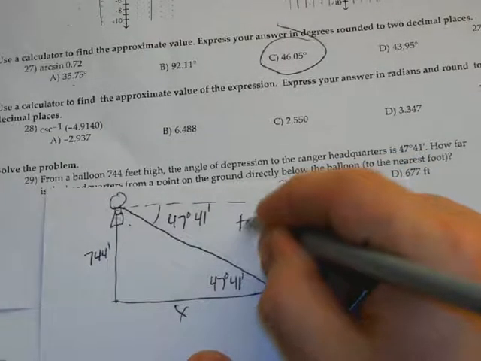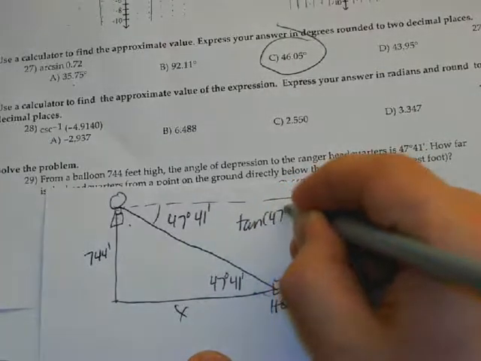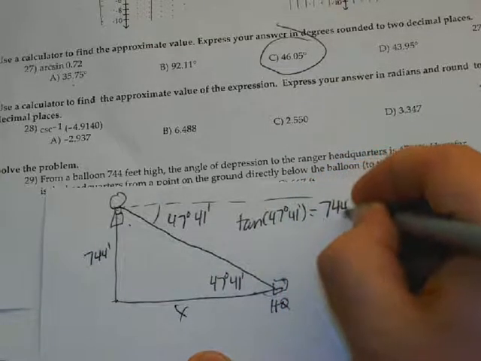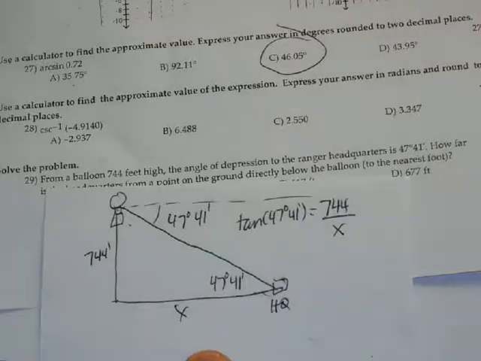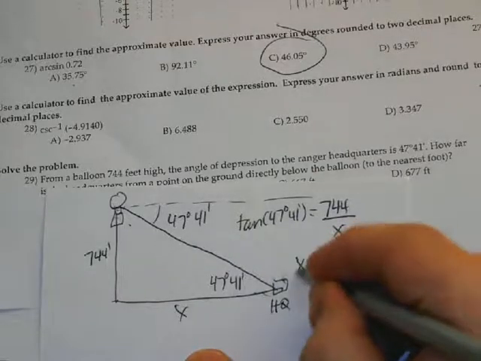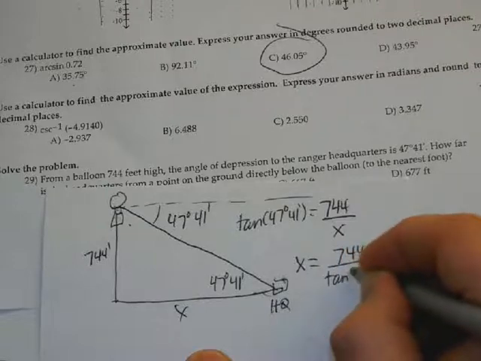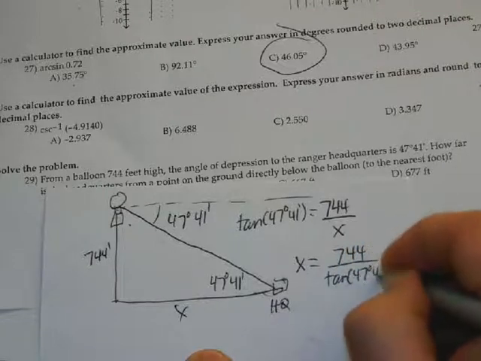So the tangent of 47 degrees, 41 minutes is equal to 744 divided by x. So using your algebra skills, you'll get x equals 744 divided by the tangent of 47 degrees, 41 minutes.